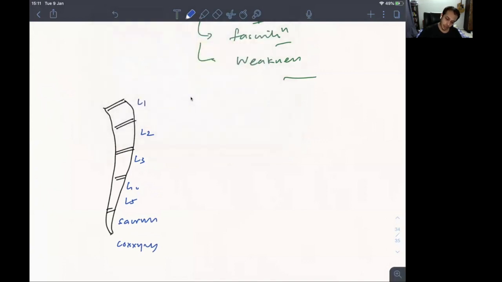Your spinal cord actually ends here. Okay. And from here, you have your nerve roots exiting. And they exit into the vertebral column and they leave the vertebral column at the designated areas.